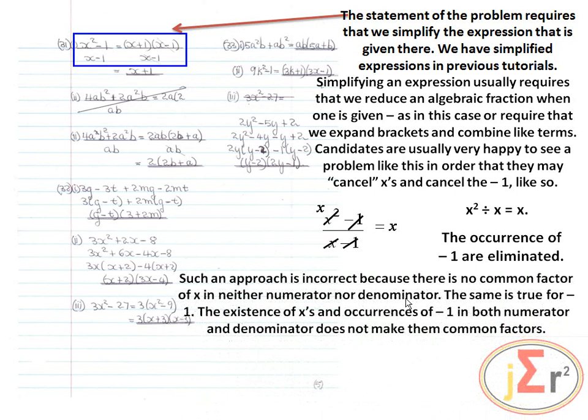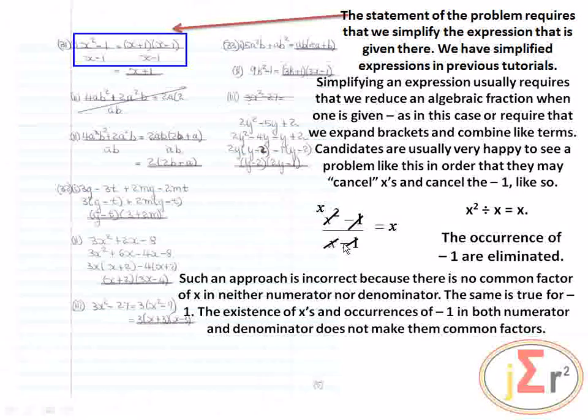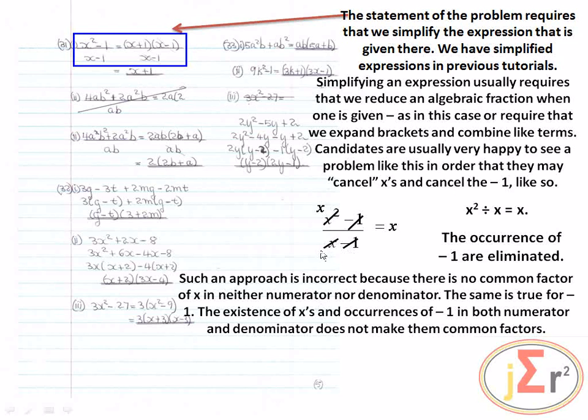Such an approach is incorrect because there is no common factor of x in either numerator or denominator. We cannot take a common factor of x in the denominator because x is not common in the denominator.